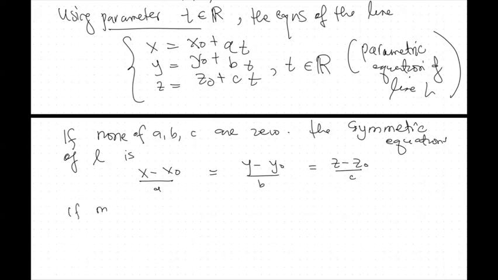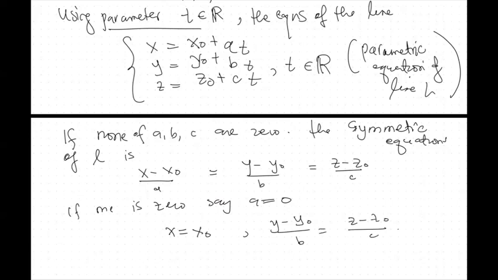If one is 0, say a equal to 0, you just have x equal to x0, and then put the other ones: y minus y0 over b, and then z minus z0 over c. So this is just separating this one.